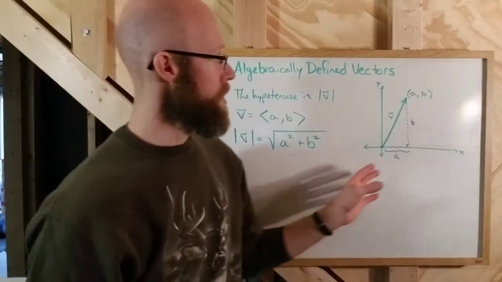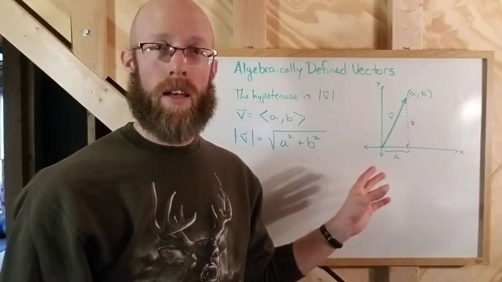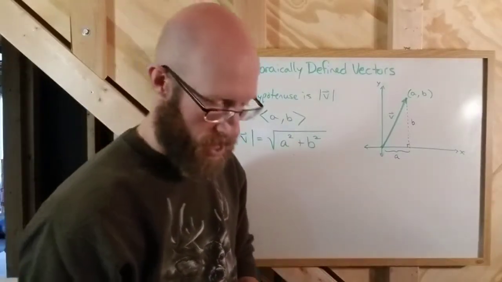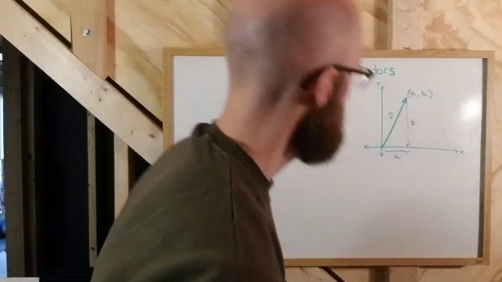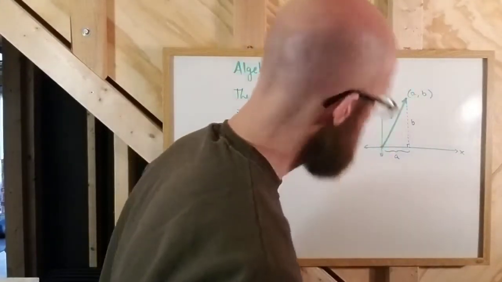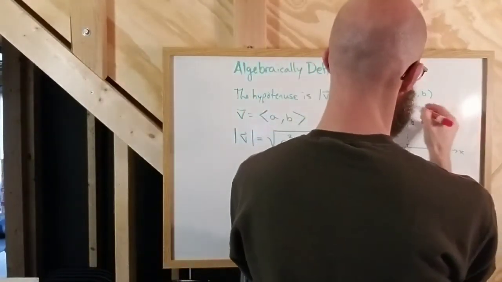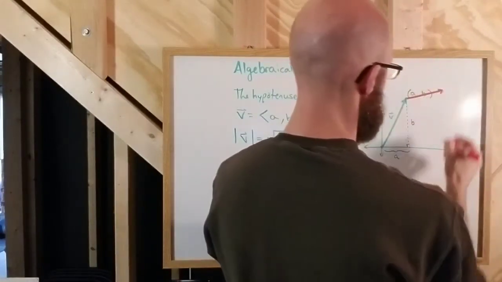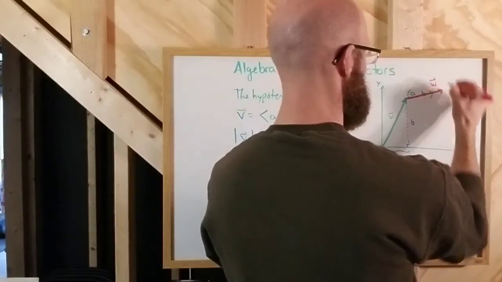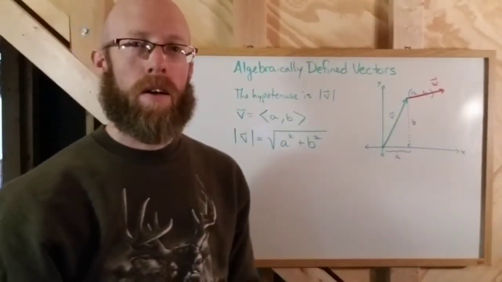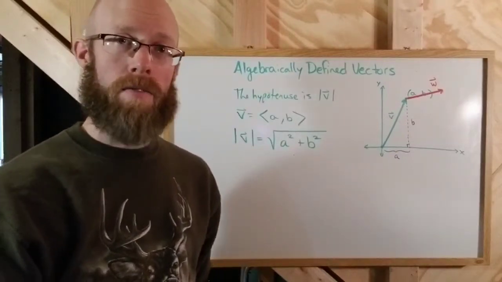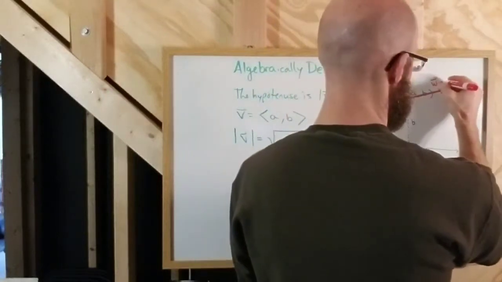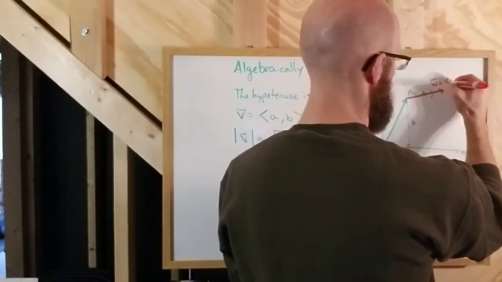Now, what's nice about this definition is that if I were to try to add another vector to this, let's say I take a second vector, and I'm going to draw it out here to the right a little bit. And I'm going to call this vector w. Then vector w is going to have another representation.